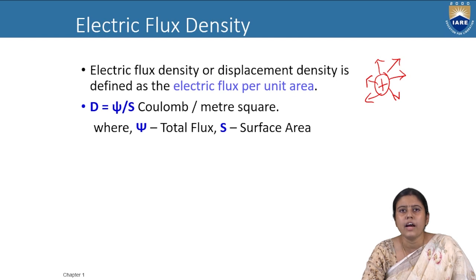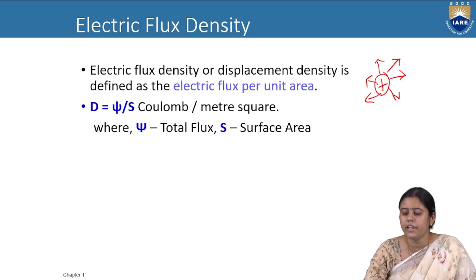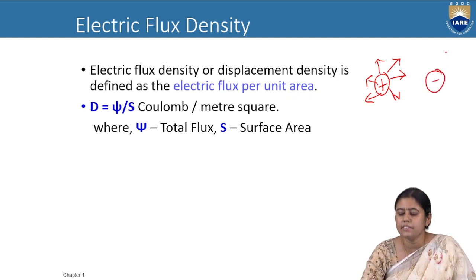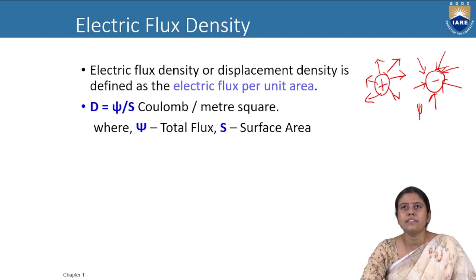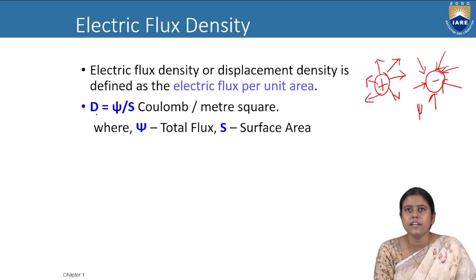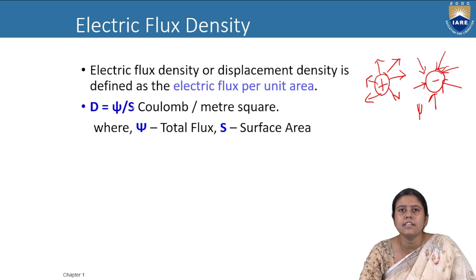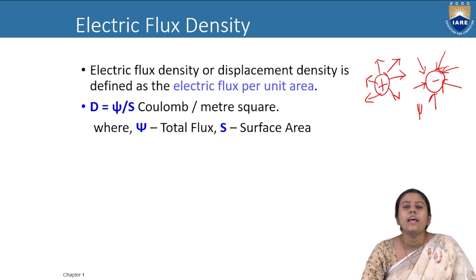From a positive charge it is always diverging in nature, and if the charge is negative, it is always converging. If the flux is psi, then flux density or displacement density is D, and D is equal to psi by S, where S is the surface area.